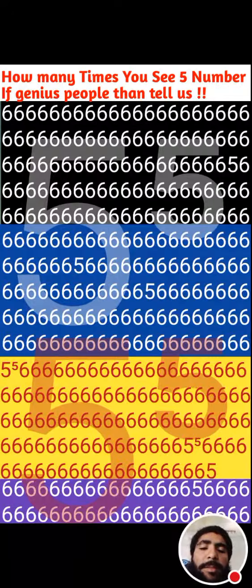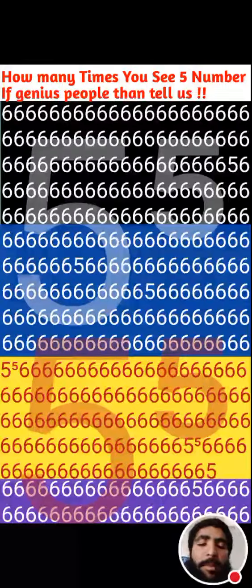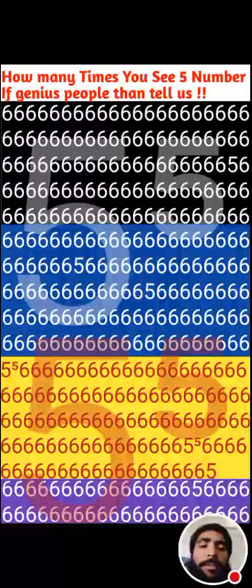Fourth and fifth time it is written on the start of the yellow box, and it is also written on the second last row of the yellow box for two times, and one time it is written on the end of the yellow box. It means five times it is written in the yellow box, and three times it is written on the first 10 rows. It becomes eight times.